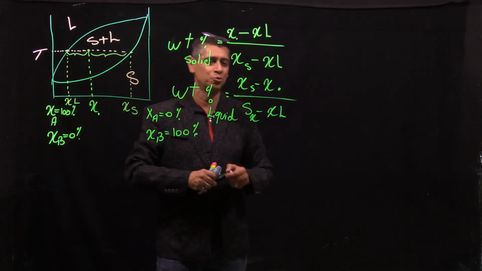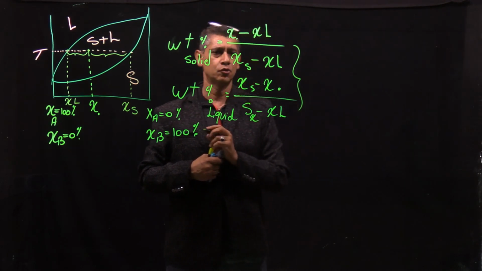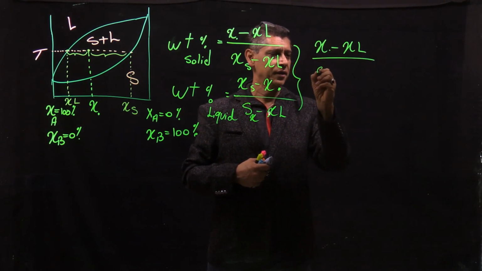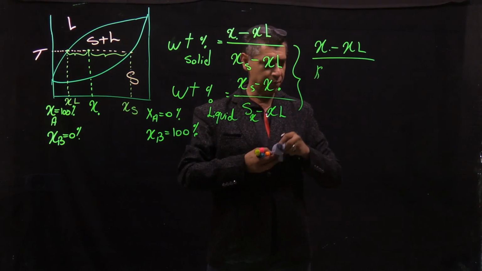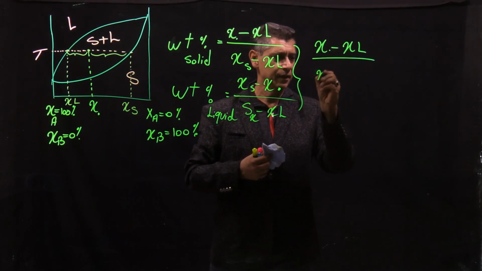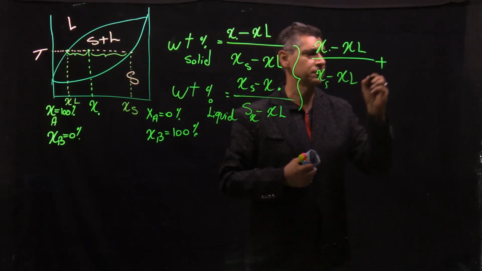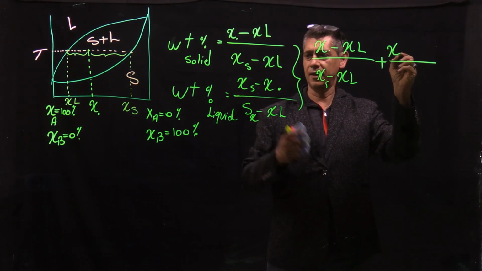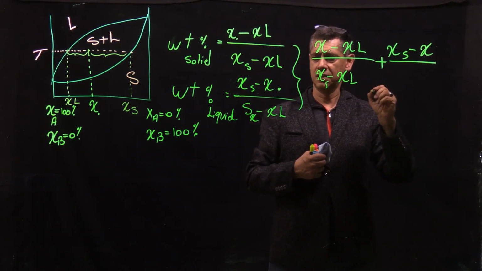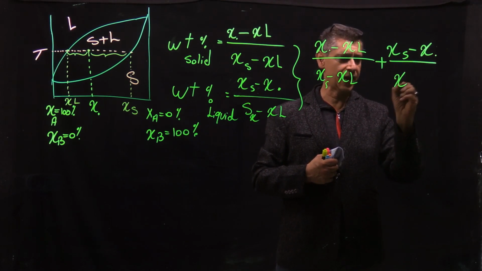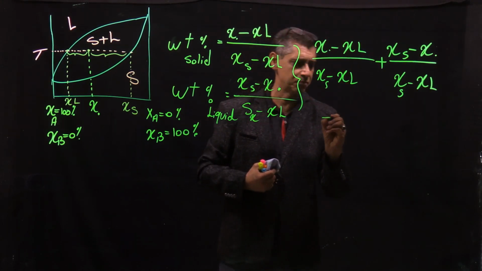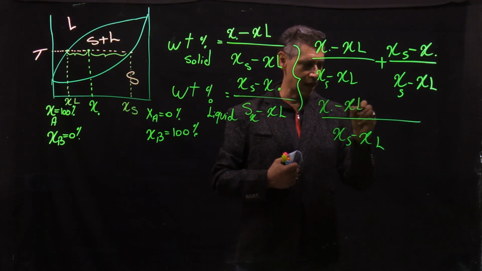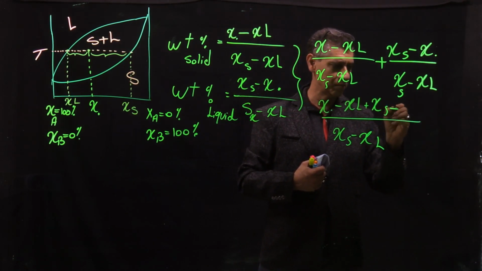And needless to say, if I add these two together, what I get is X sub 0 minus X sub L divided by X sub S minus X sub L, plus X sub S minus X sub 0 divided by X sub S minus X sub L. So obviously this becomes X sub S minus X sub L on top, X sub 0 minus X sub L plus X sub S minus X sub 0.